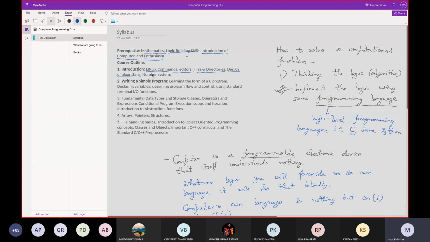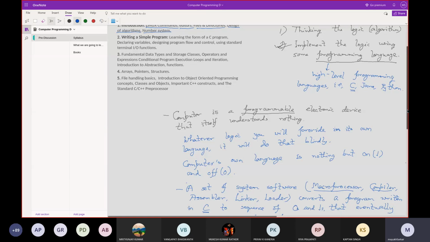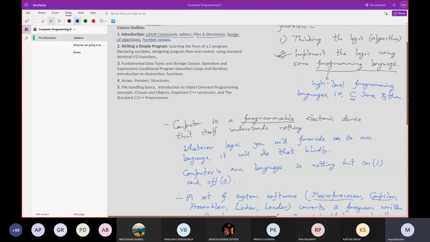So then, as I've said, the design of algorithms, how to write an algorithm. Eventually, what is the difference between, as I've said, given a computational problem, what makes a proper algorithm, and number system. This is important. In fact, each of them are important. I focused on number system because our natural thoughts are in decimal, right? Our natural thoughts are always in decimal.